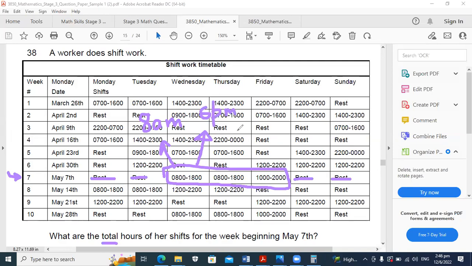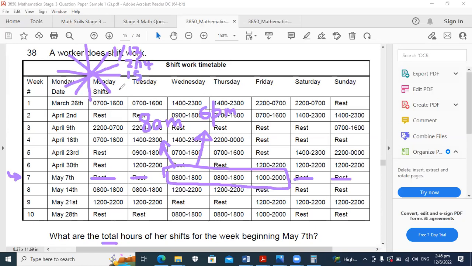That's how you go. 1 p.m. is actually 1300. Then you have 2 p.m., which is 1400 hours. Then 3 p.m. is 1500 hours.